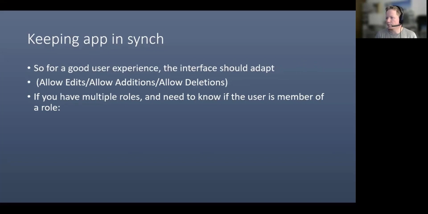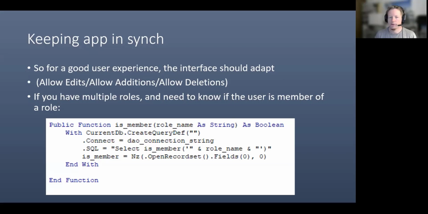If you have multiple roles and you want to check if the user is a member of a role, there's a really simple function here I wrote, IsMember, and what's the role name, which creates a pass-through query on the fly. I pass in a connection string. The thing is, if you do this CurrentDb.CreateQueryDef and you pass in a blank name, then that query is not stored.